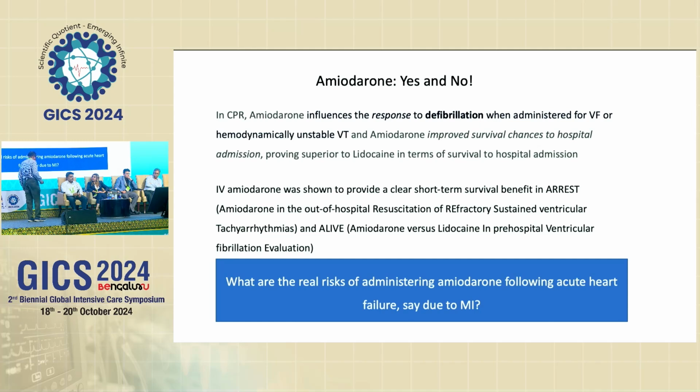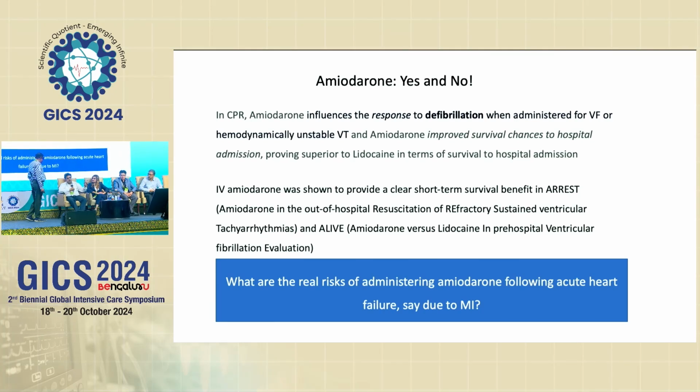I think one of the most significant hemodynamic or cardiovascular effects of amiodarone is on the QT interval. Whatever you do, it prolongs the QT interval. So there is a school of thought which believes that some of the refractory VTs and VF that happen after administration of amiodarone are because of its effect on the QT interval. So that may be one of the issues.